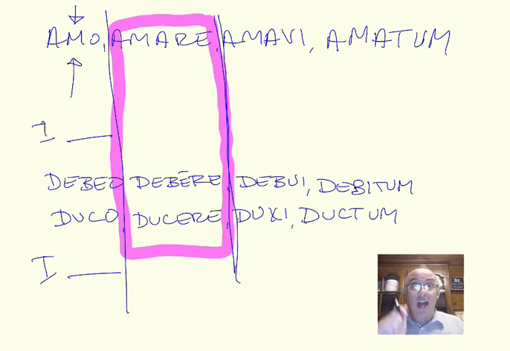Now, let me be very, very clear. This second principal part, you don't just slap endings onto it. You have to get to the stem, and how you get to the stem is take off the re. It's a game, and I am explaining it longer than it takes. Ama, debe, duce. This is what we build our endings on.